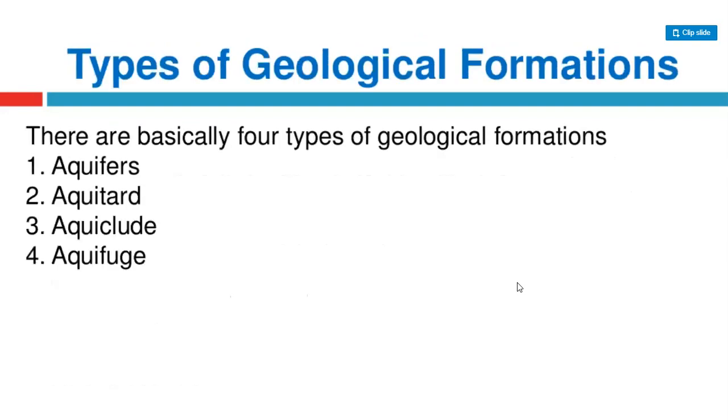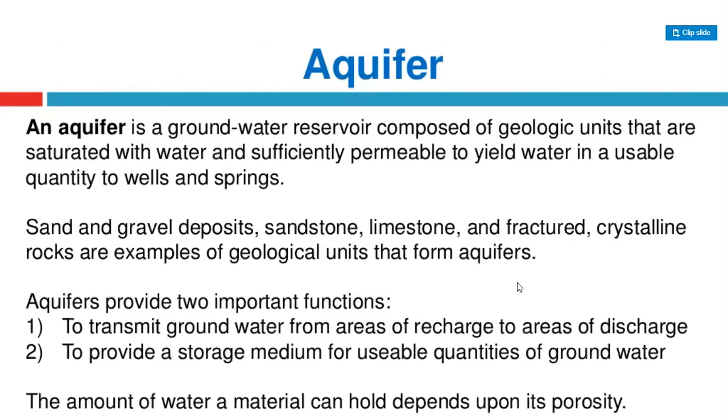There are basically four types of geological formations: aquifer, aquitard, aquiclude, and aquifuge. So, what is an aquifer?